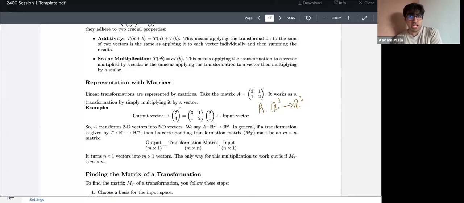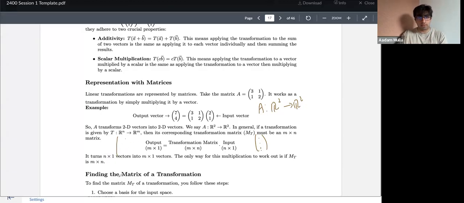In general, if a transformation is going from Rn to Rm, then the matrix must be an m by n matrix. This should make sense because if your matrix is m by n and you're going from Rn to Rm, then your input is going to be n by 1, and your output is going to be m by 1.